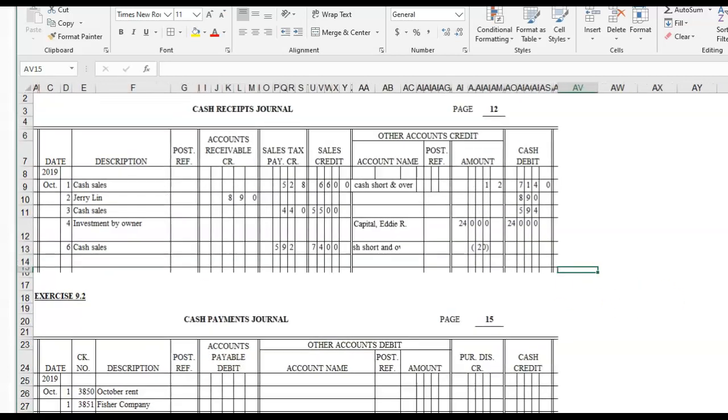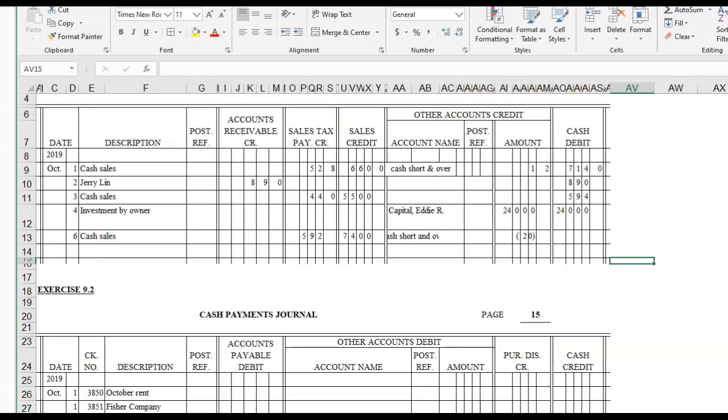And let me zoom this in just a little bit better. Okay, so now we've got to add our credits and our debits together. But notice, it's going to be 7,400 plus 592. So let's see what we're going to do with that cash short and over, because we know that it's short.